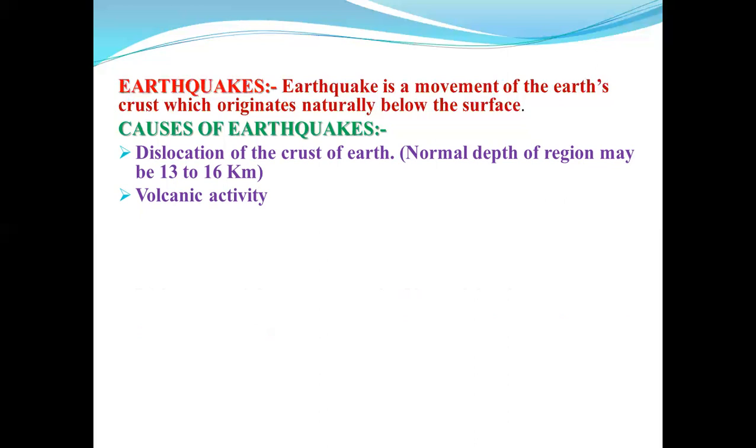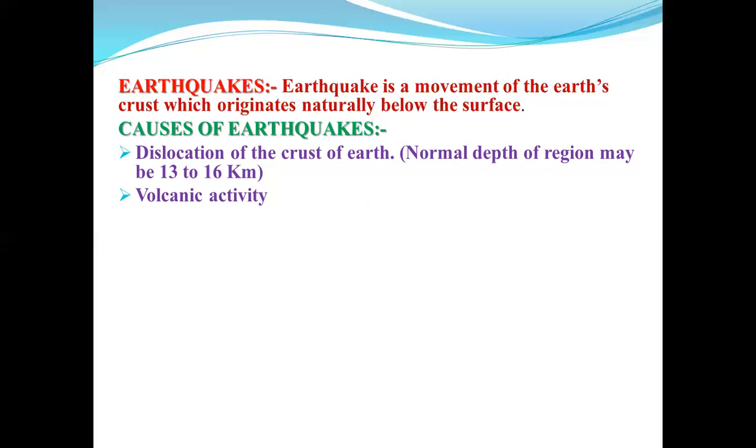The dislocation that causes an earthquake takes place within the earth some distance deep. The normal depth of the region where earthquakes start may be 13 to 16 kilometers. So these were two causes of earthquake.